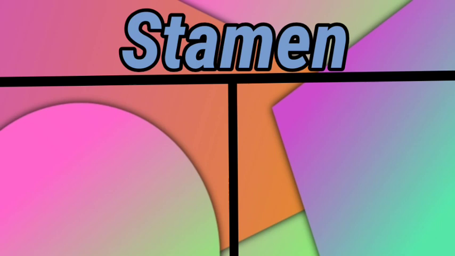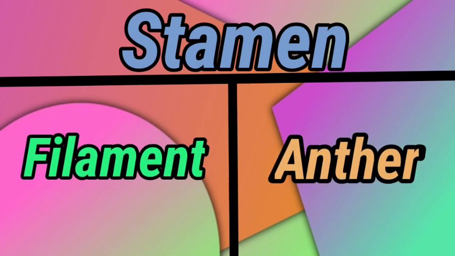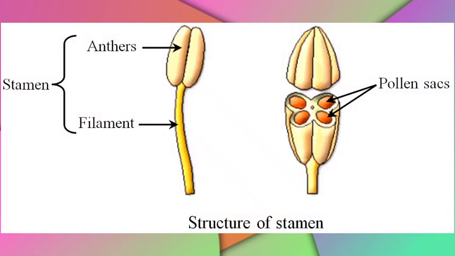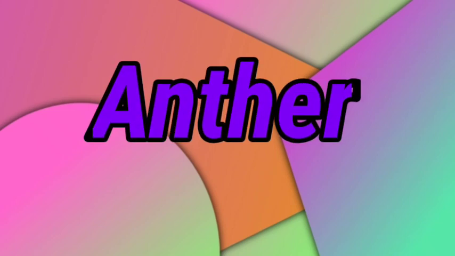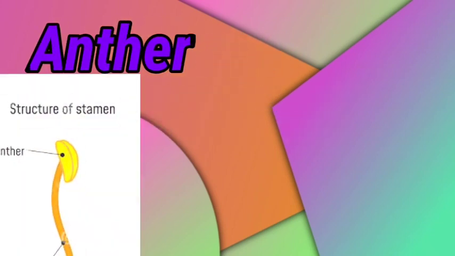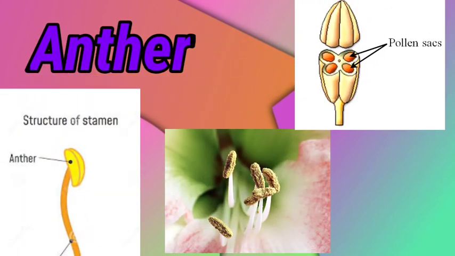They are divided into two parts, called the filament and the anther. Just above the filament is the anther lobe, and inside the anther the pollen grains are situated. Anther can be bilobe, multilobe or single lobe, and inside the anther the pollen grains are present.